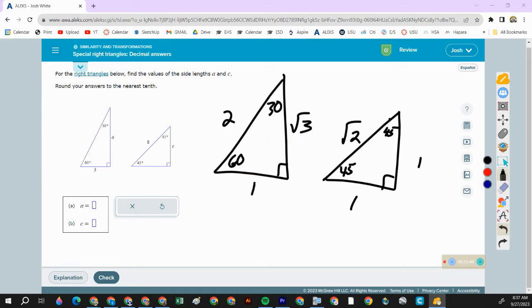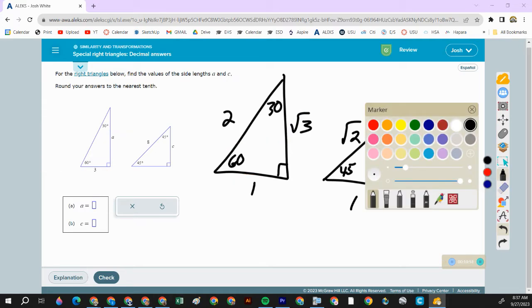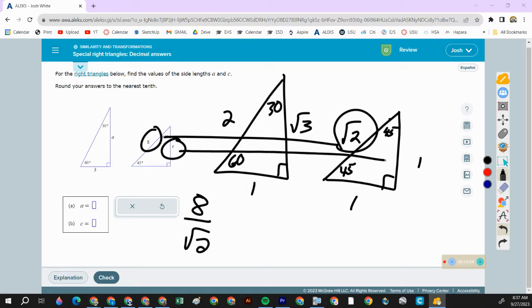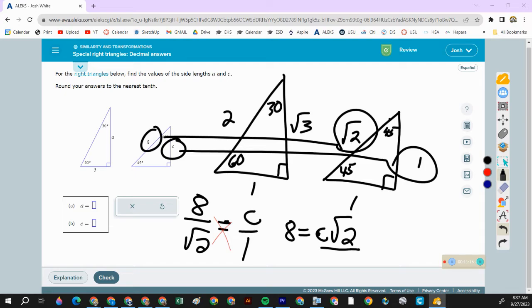For the next one, 8 lines up with the square root of 2. So 8 over the square root of 2 is equal to C over 1. So we cross multiply. 8 equals C root 2. We divide by the square root of 2.